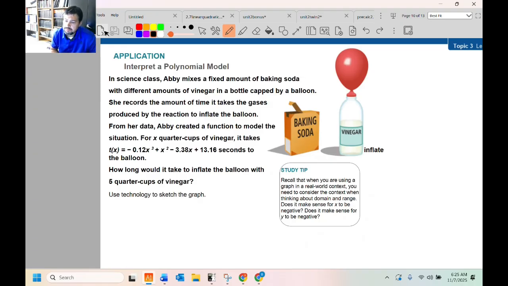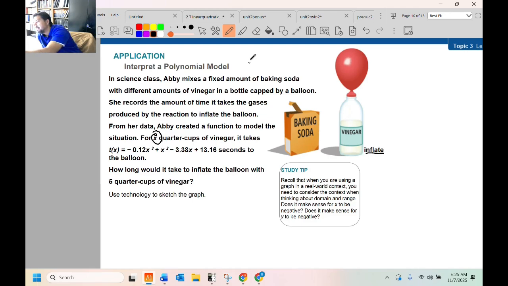For x quarter cups of vinegar, it takes t of x, I'm assuming t is time, equals negative 12 hundredths of x squared plus x squared minus 3 and 38 hundredths x plus 13 and 16 hundredths of a second to inflate the balloon. How long would it take to inflate the balloon with 5 quarter cups of vinegar?